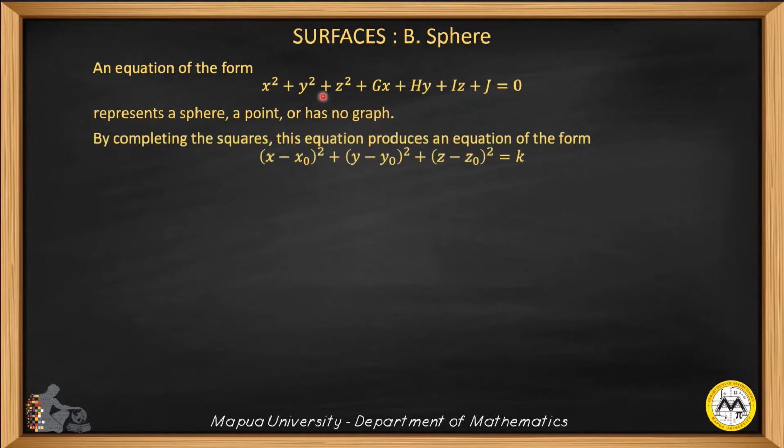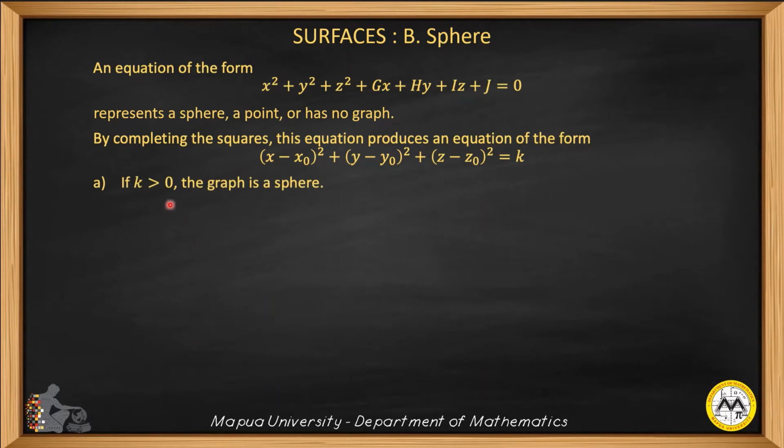What we need to do is transform this such that the terms in x, in y, and in z would be forming perfect squares. So we transform the equation to the sum of the squares of x minus x of 0, y minus y of 0, z minus z of 0, and that sum must be equal to some value k.